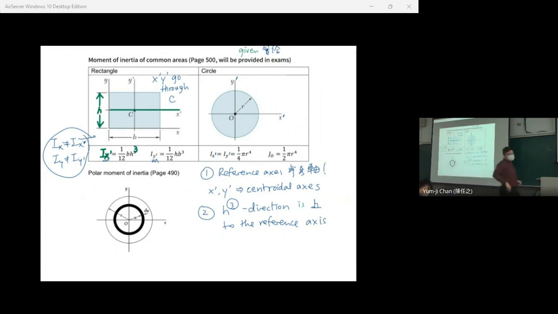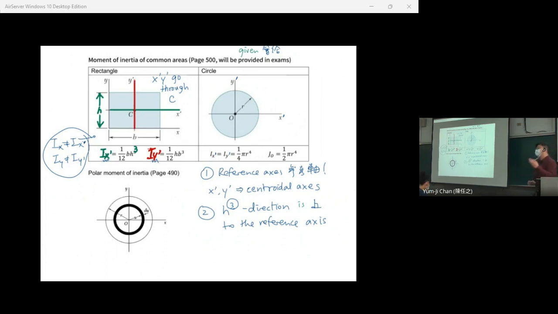Okay, here we have the x prime direction; the reference axis is here. For the direction perpendicular to the reference axis, we have the cube. For Iy prime, the reference axis is vertical.